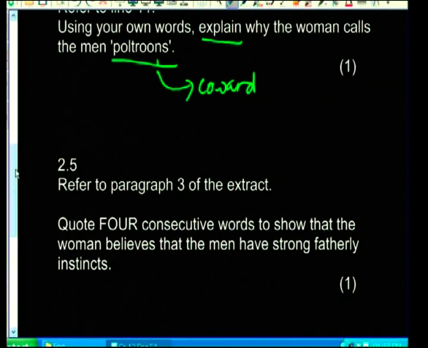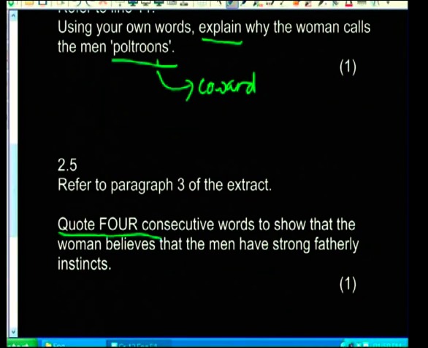Refer to paragraph 3 of the extract. And here you've got to quote 4 consecutive words to show that the woman believes that the men have strong fatherly instincts. Now, before you answer a question, you've got to understand the question. You've got to interpret the question. So, here we are asked to quote 4 consecutive words.